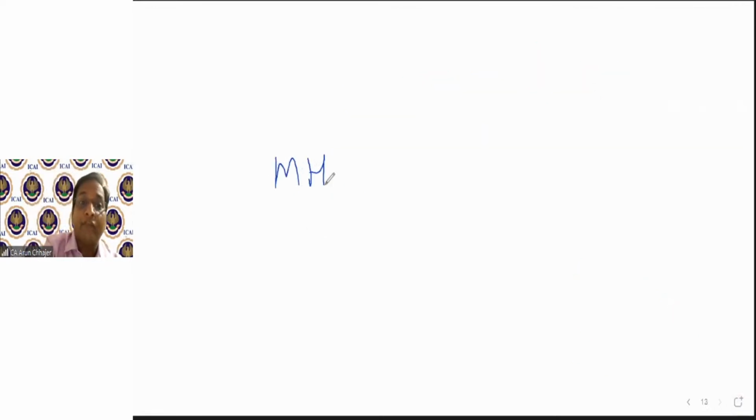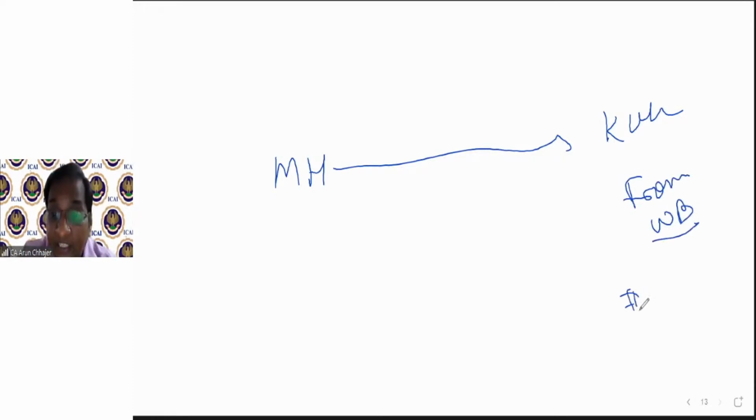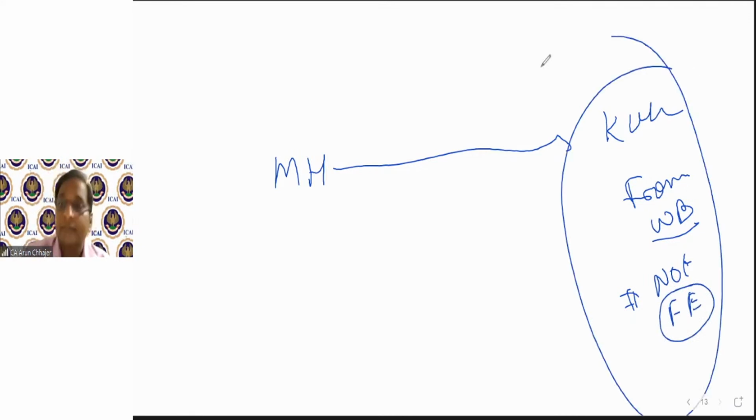So I am coming from Maharashtra to Kolkata for participating in the trade fair, and from West Bengal, I am making the taxable supplies. But I do not have any fixed establishment. मेरा कोई fixed establishment नहीं है वहां पर. Then in that case, the concept of casual taxable person will come into the picture.